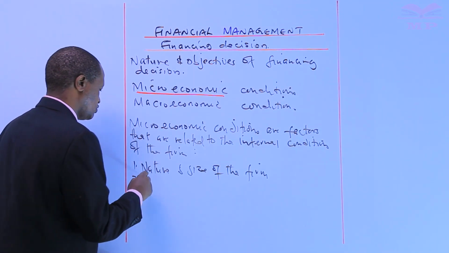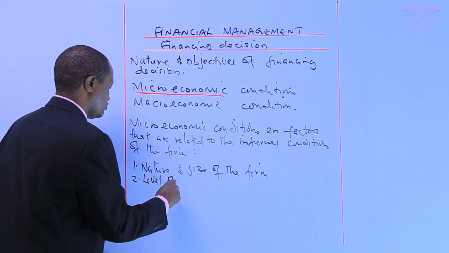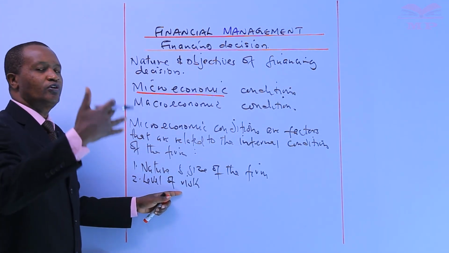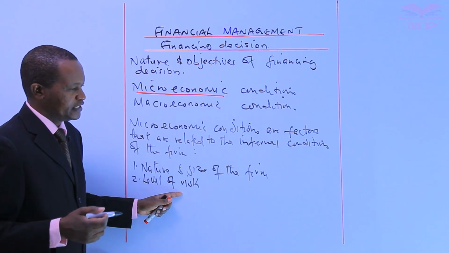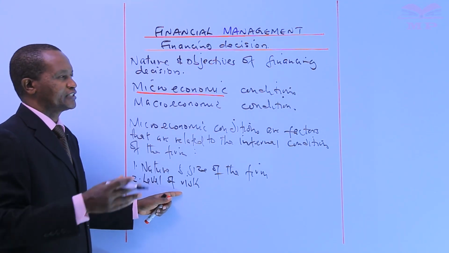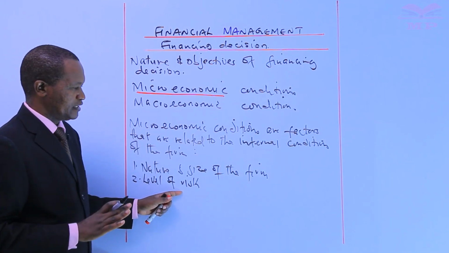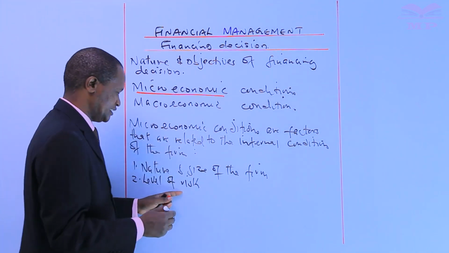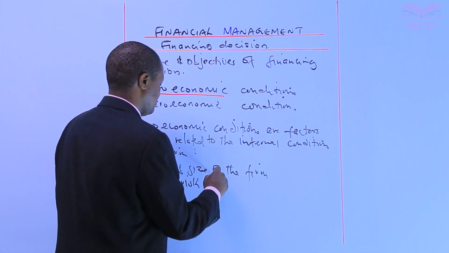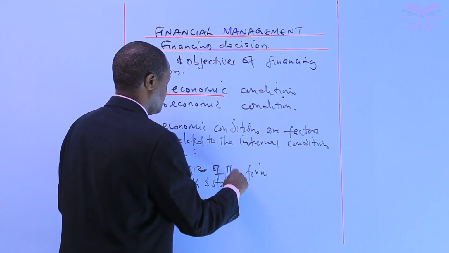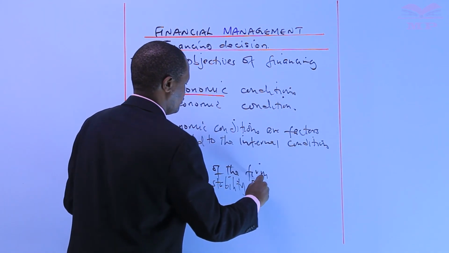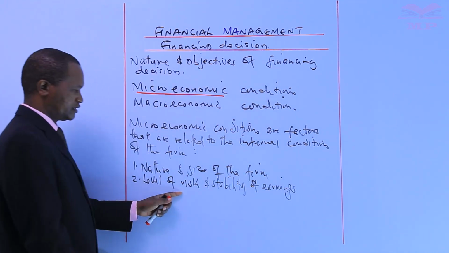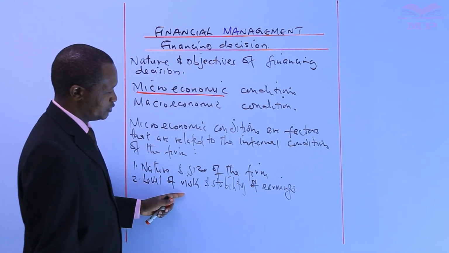Two, the level of risk. And this can be established or determined by looking at the stability of earnings. There are firms whose earnings are stable.